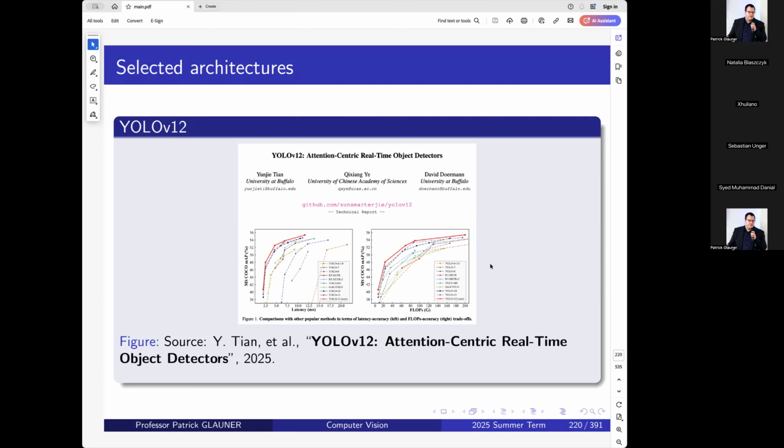And the good thing is these YOLO versions are available as pre-trained models typically. So you can download them from GitHub and you can use them for your problems. Maybe you fine-tune them, maybe not. And the good thing is it's all available for you. Just use it. And you can use this as a foundation for one of your projects.